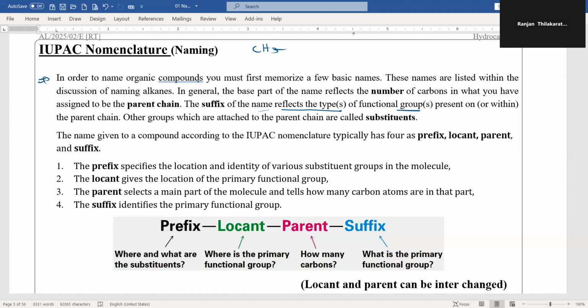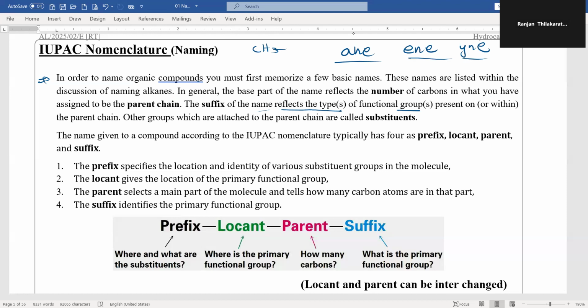If it is an alkane, we add ane. If it is an alkene, we add ene. If it is an alkyne, we add yne. Then we know whether it contains a functional group or not, and also what the functional group is.